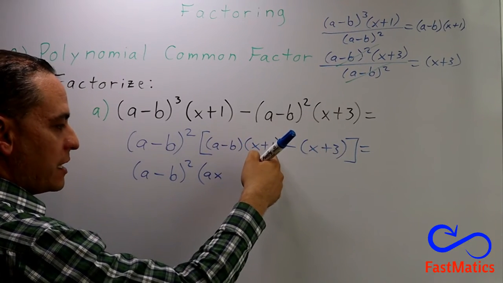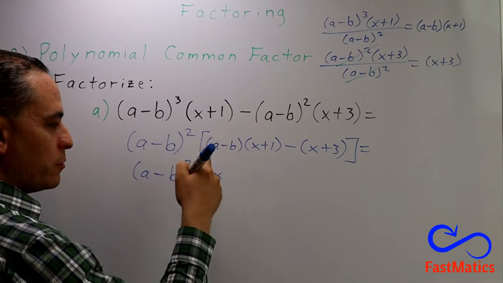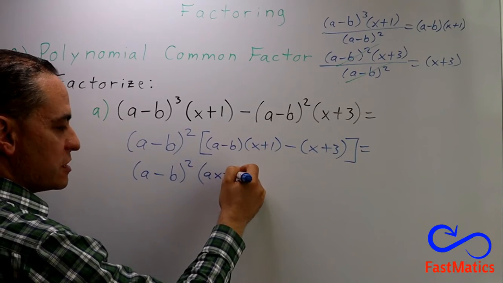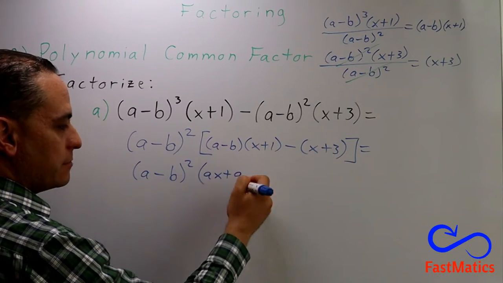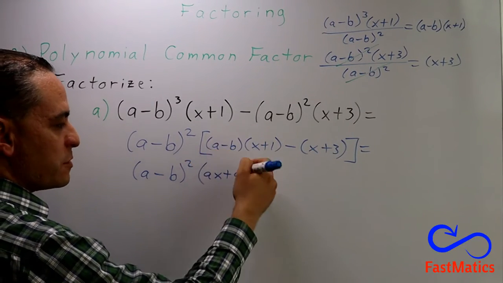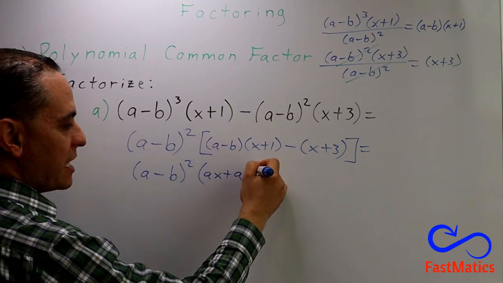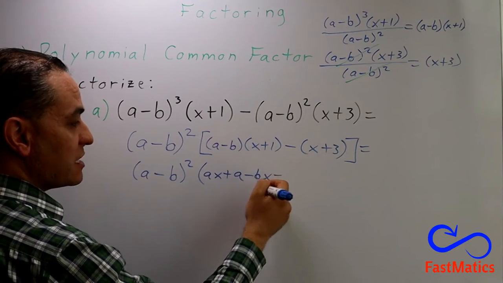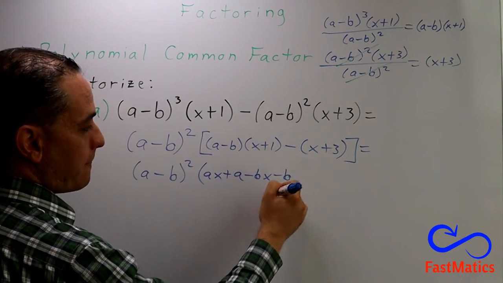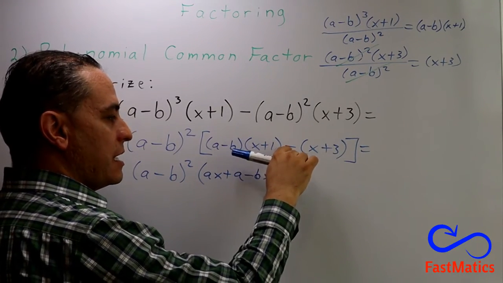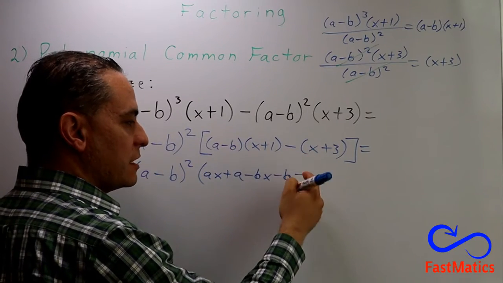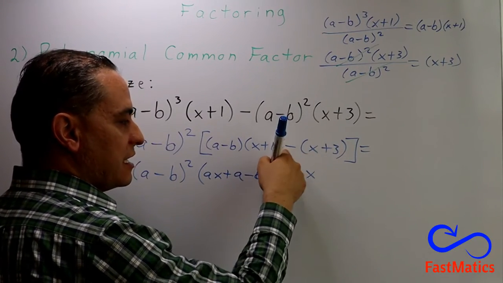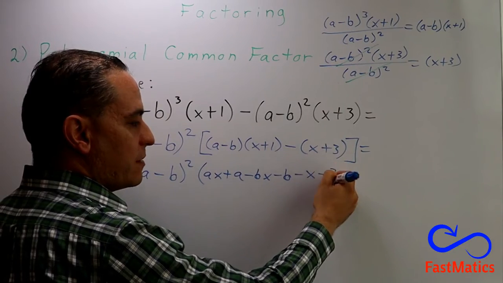A times 1, a. But remember, positive times positive, positive. After that, negative times positive, negative: b times x, bx. Finally, negative times positive, negative: b times 1, b. Finally, negative times positive, negative, x. Negative times positive, negative, 3.